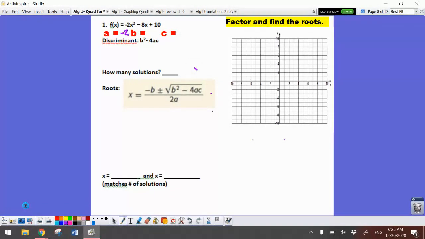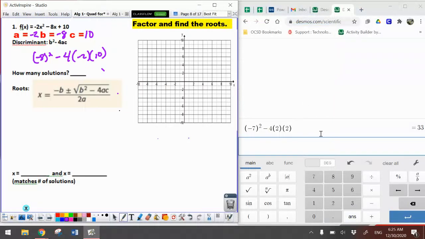So we've got A is -2, B is -8, and C is 10. If I take a look at my b squared minus 4ac, I'm going to put in my -8, my -2, and my 10. Let's get our calculator ready, because a lot of this, again, is calculator work.